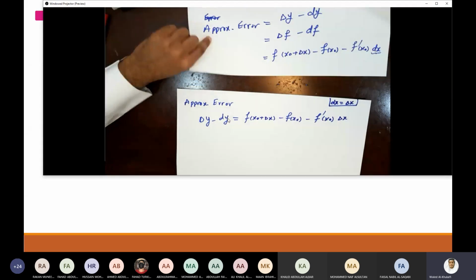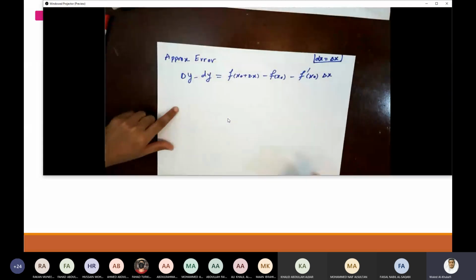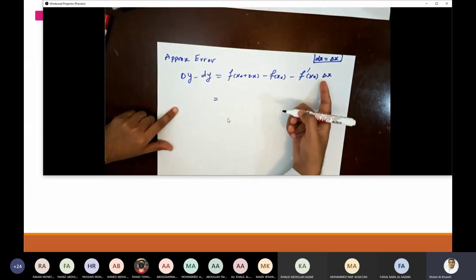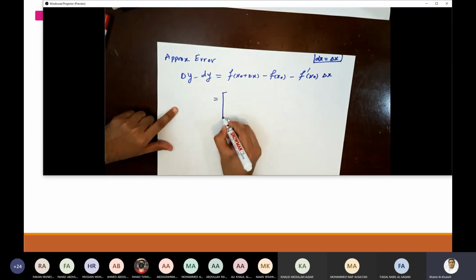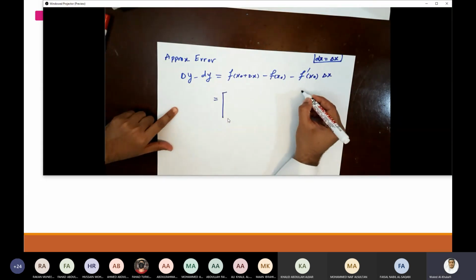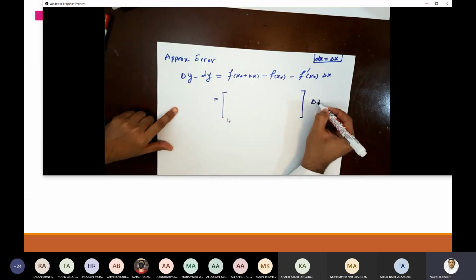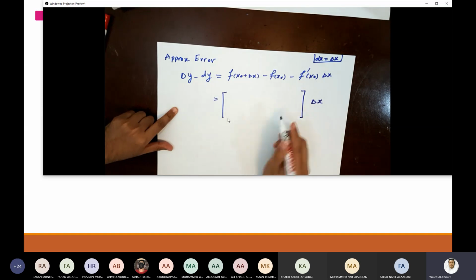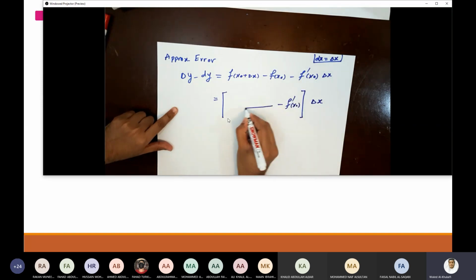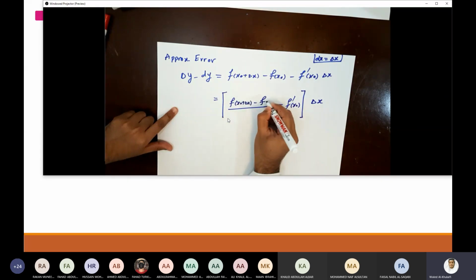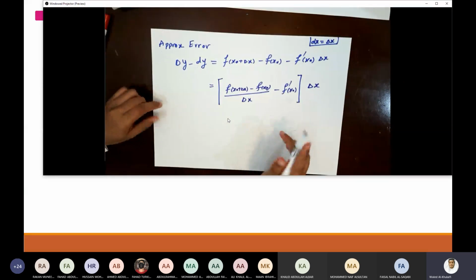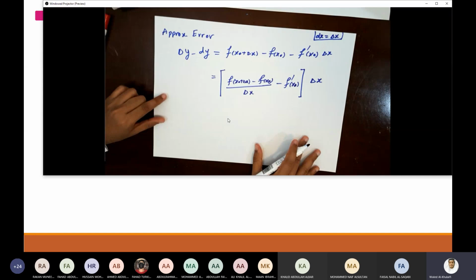This is in Math 101. Now I take delta x as a common factor. Here I have f prime of x naught, and here it will be a quotient: f of x naught plus delta x minus f of x naught over delta x. So we have it this way here.